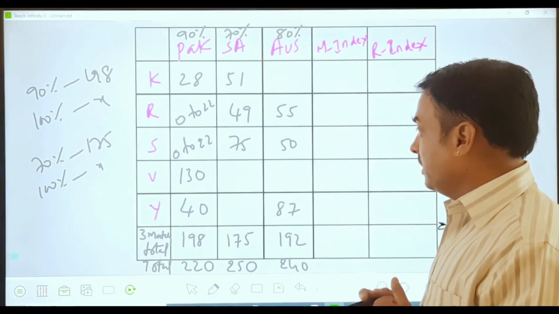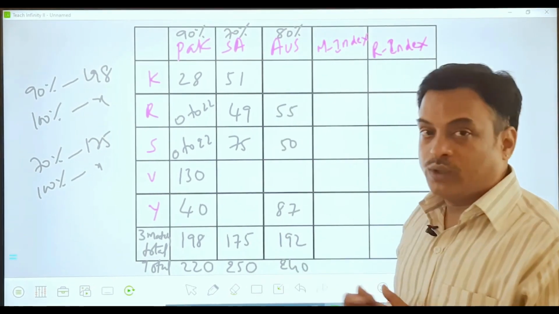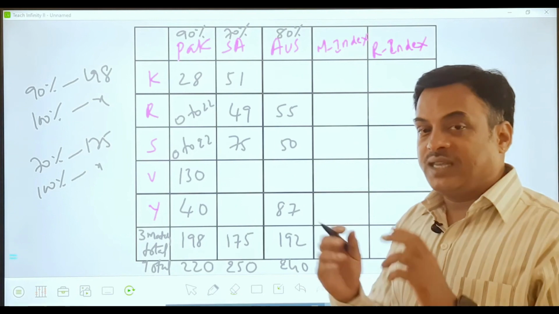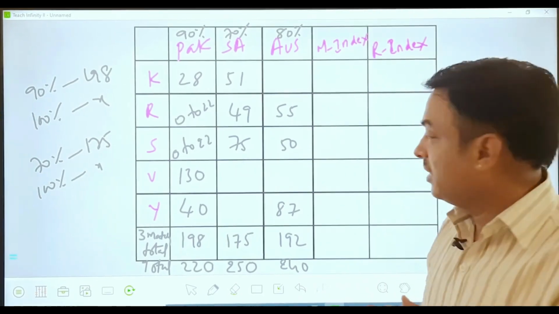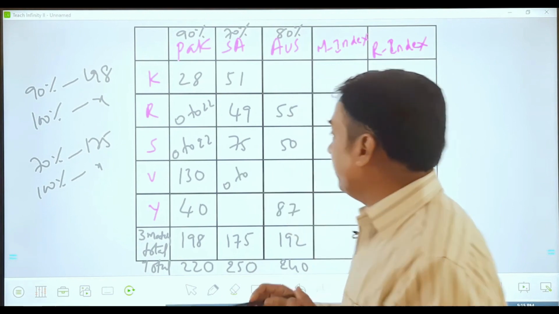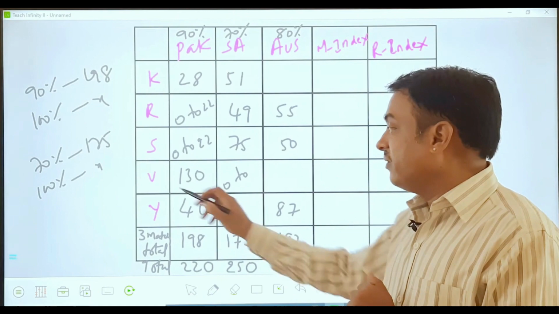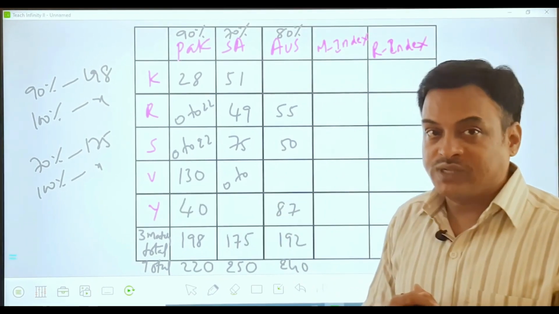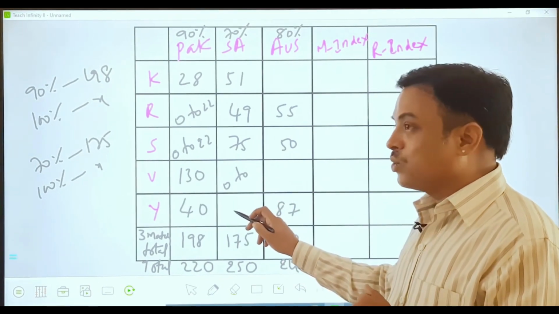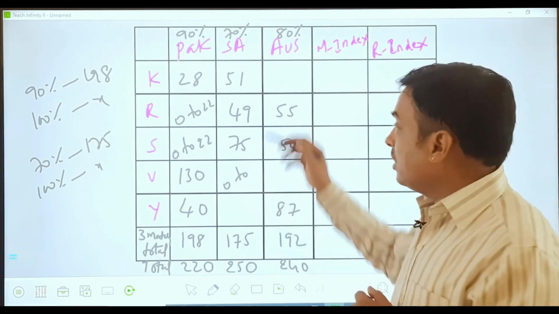Now coming to the other numbers here. The top 3 total we have got is 175, but the total score is 250. So a difference of 75 is coming here. So this can be 0 to 75. But can I take 75? If I take 75, Viru can score maximum up to 75. Imagine Yuvraj is scoring 0. So Viru can score up to 75, which is false, because they are the top 3.